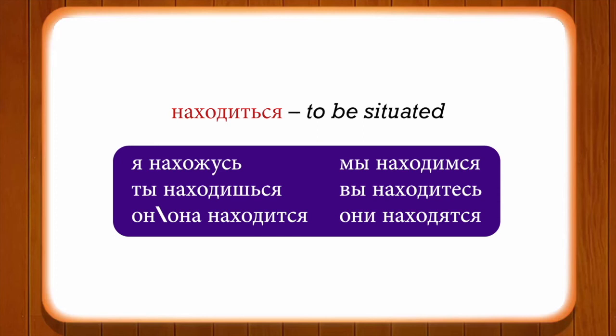Now let's pay attention to this verb находится once again before we go ahead. Я нахожусь, ты находишься, она находится, мы находимся, вы находитесь, and они находятся. You can change it as per the requirement of the sentences. Now let's go ahead and pay attention to the verb находится and its nuance.